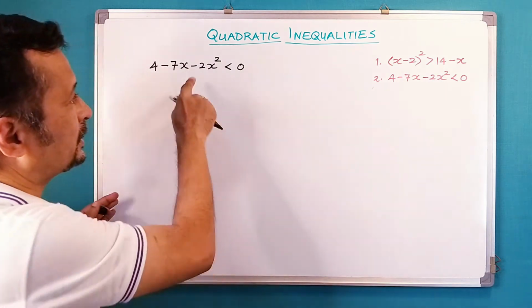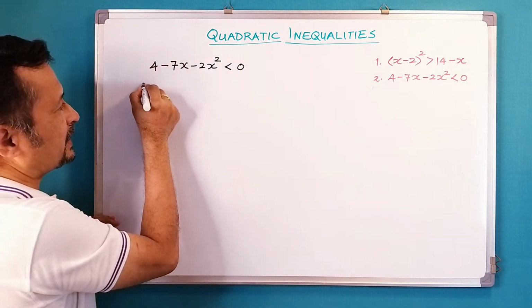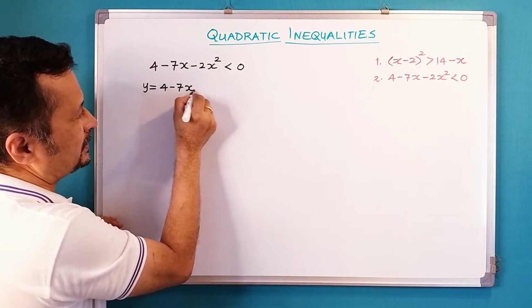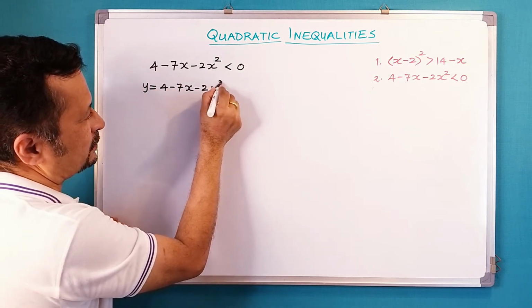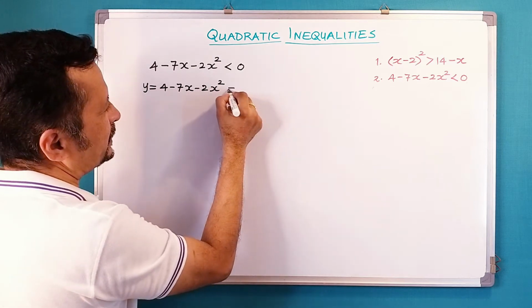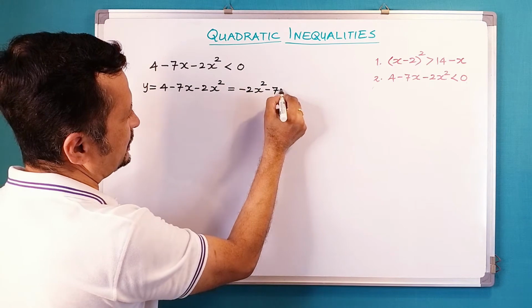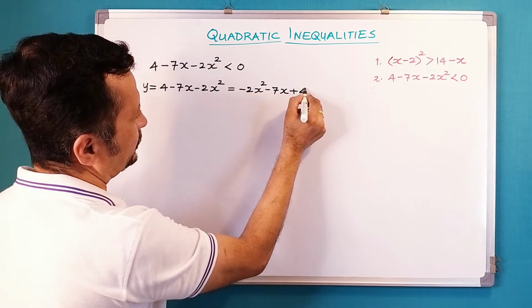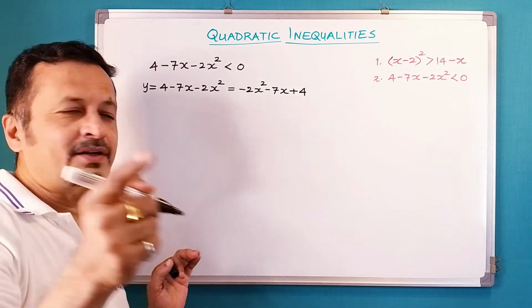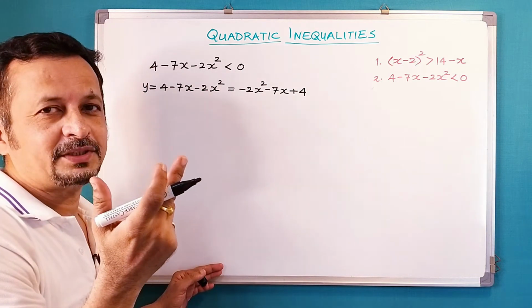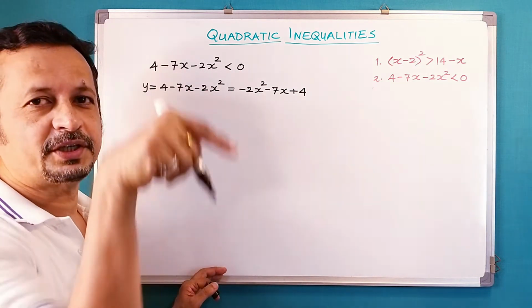If you take this function as y is equal to 4 minus 7x minus 2x square, it can also be written as minus 2x square minus 7x plus 4. Now here your a is negative, that means your curve is going to be an inverted U type.